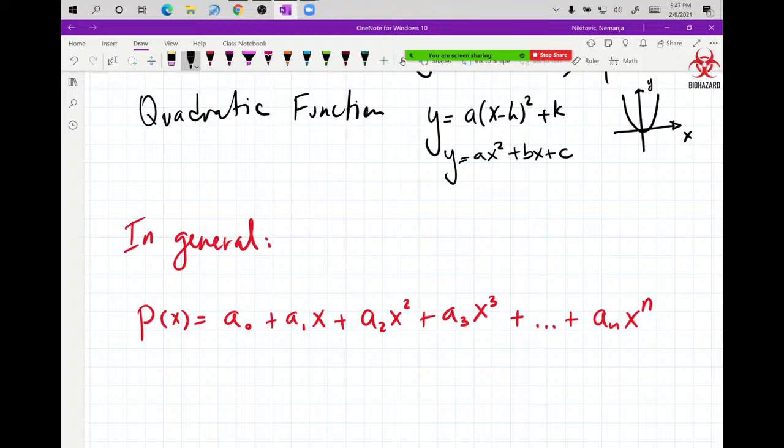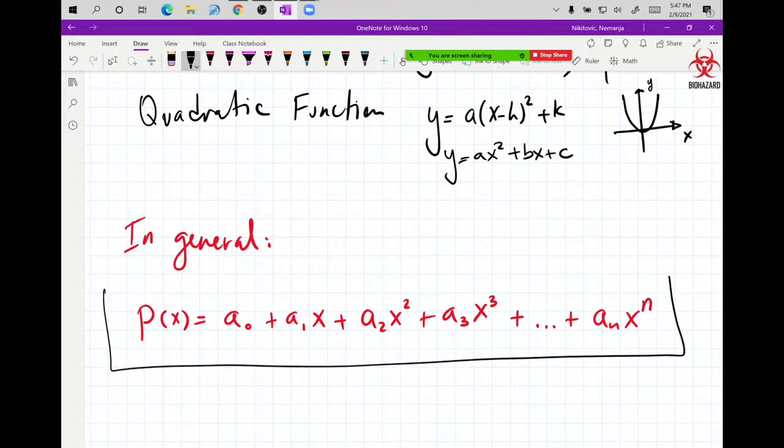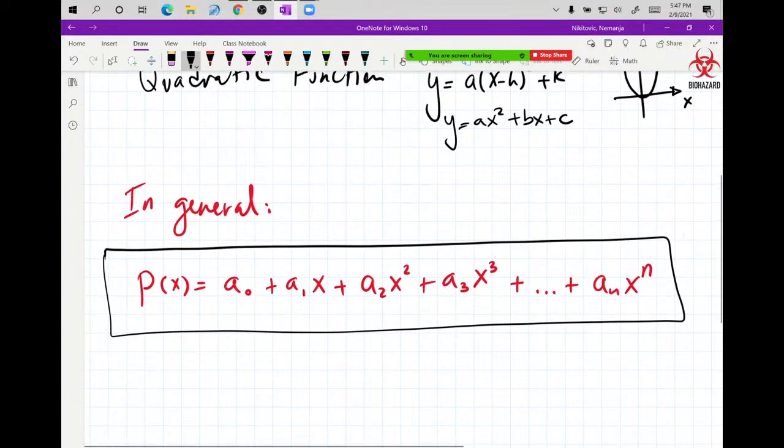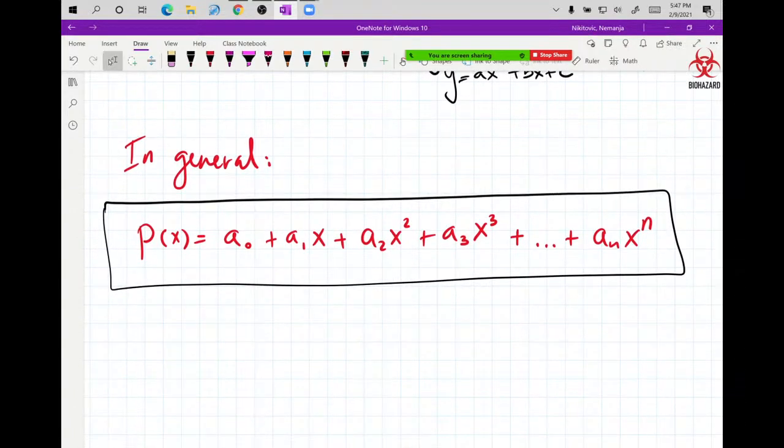What you see here is the general case for any polynomial. An ability to read and understand this formula already tells you a lot about things.